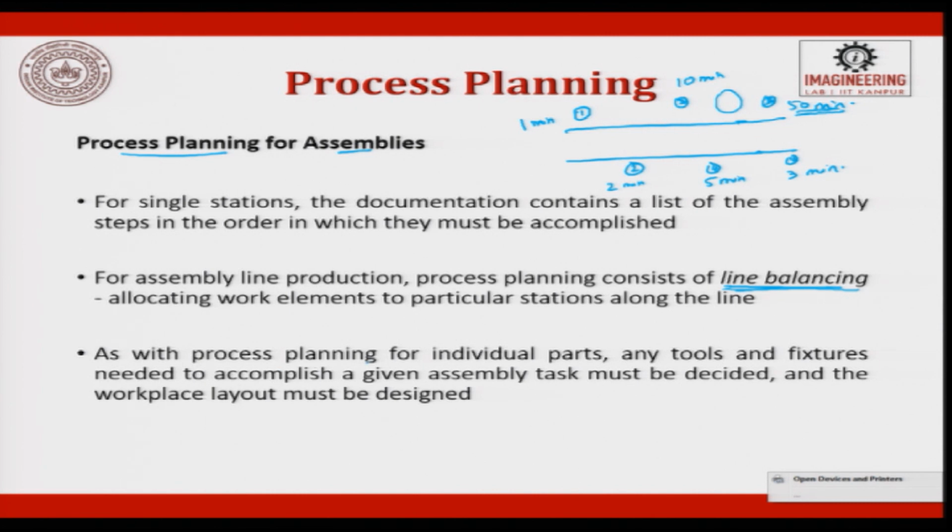As with process planning for individual parts, any tools and fixtures needed to accomplish a given assembly task must be decided and the workplace layout must be designed. So, you plan the machines, the cycle time, and the operations which have to happen.